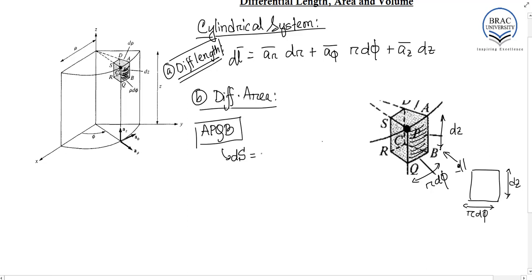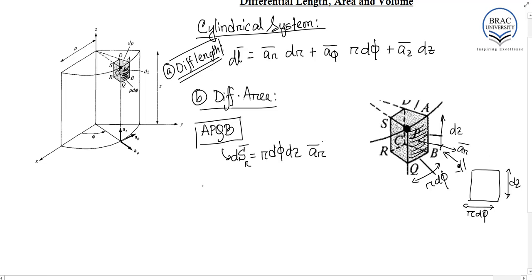So ds will be given by r d phi dz. And just as before, if we want to turn it into a vector quantity, then we'll have to find the vector that is perpendicular to this surface, and the vector that is perpendicular to this surface is the radial vector. All right, so aR will be the vector perpendicular to this circular surface of the cylinder, so we denote it as dS_R.